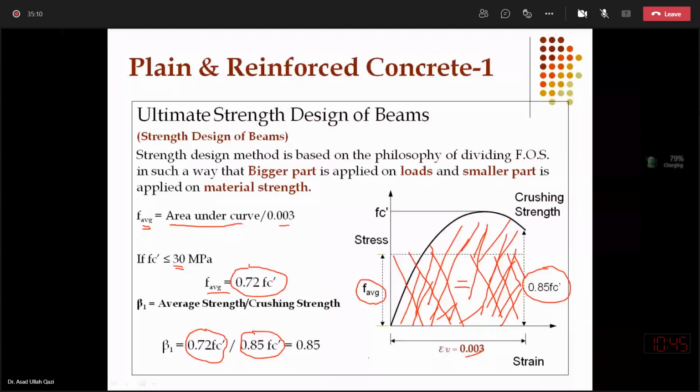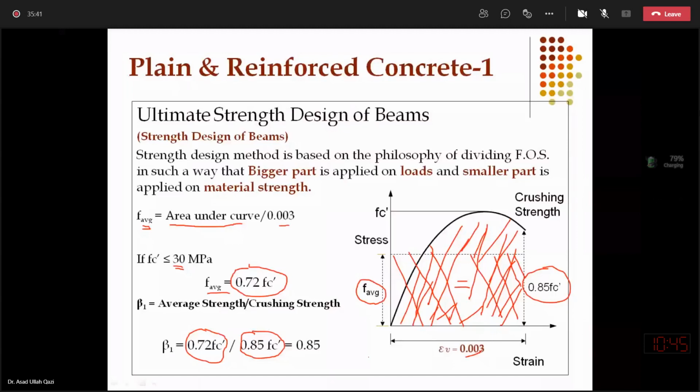But you will agree that this beta 1 is not fixed. It remains valid for fc prime up to 30 megapascal. If I have a higher grade concrete, beta 1 will change, because it depends on fc prime, and only up to fc prime of 30 megapascal is F average 0.72 fc prime.